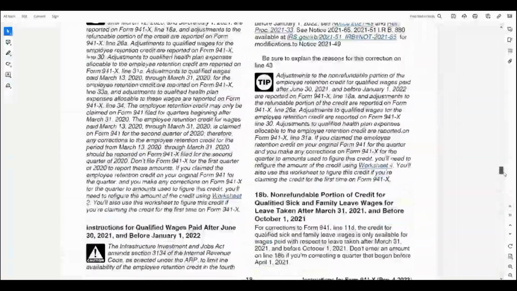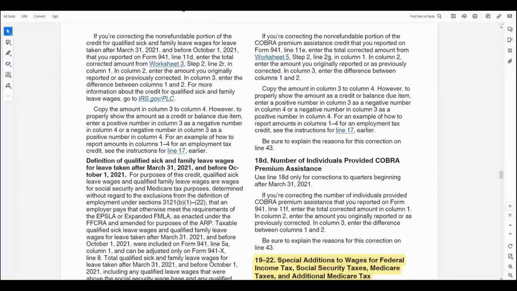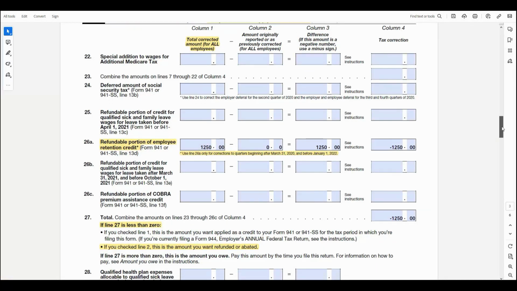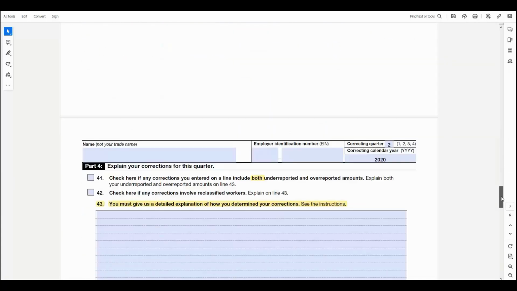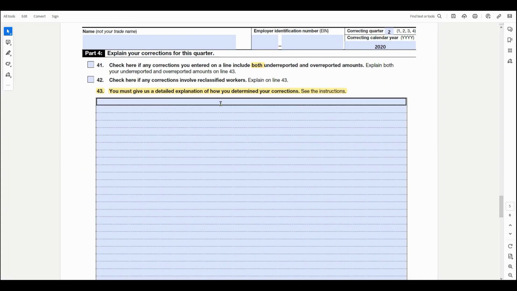Anyway, you go down here and do something similar. You provide an explanation that the IRS is going to consider sufficient: these are the amounts that were corrected, and I'm filing the correction or the adjustment to claim a refund on this credit.